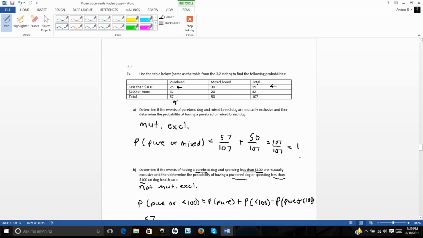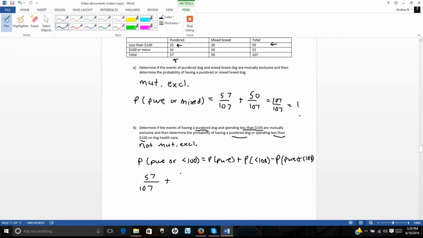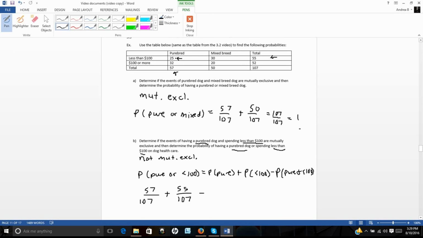The 55 is the total for the amount spent less than $100. So we'd have 55 out of the total, once again the overall total, minus the number that had purebred dog and spent less than $100. So that was the value that I put the arrow by originally up here, that 25 out of the 107.